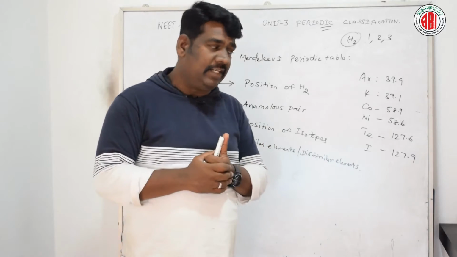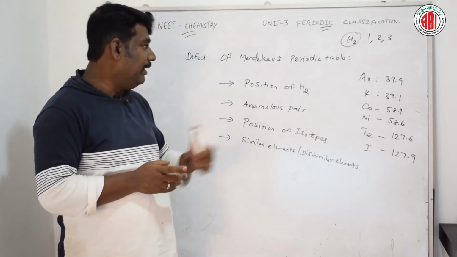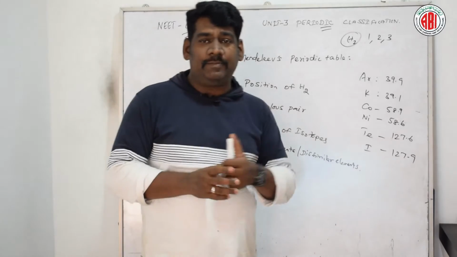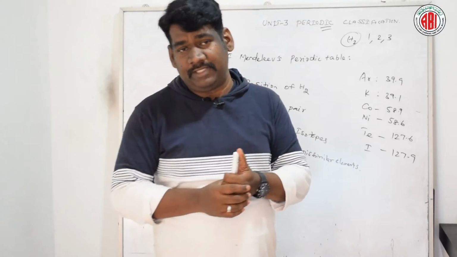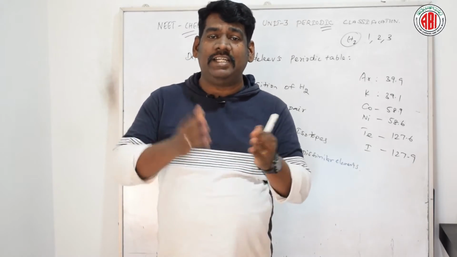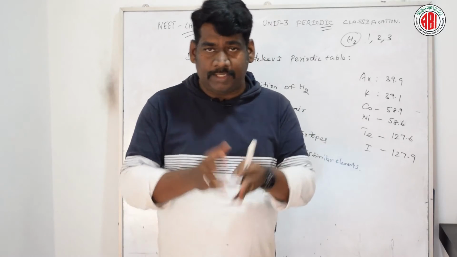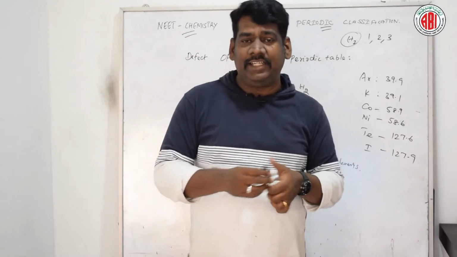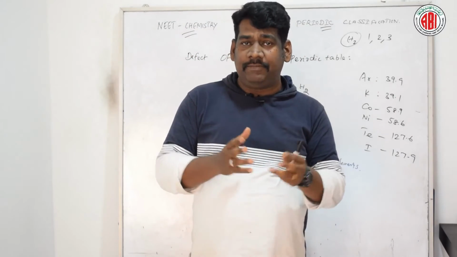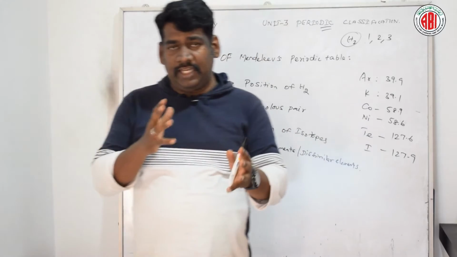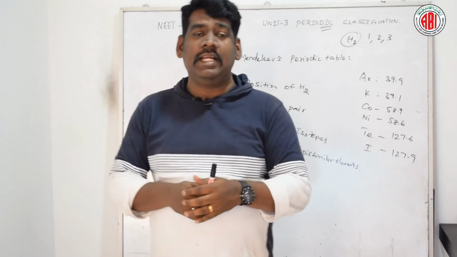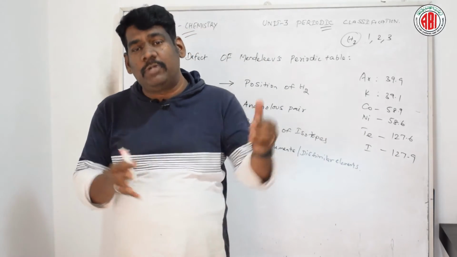That is one of the major defects seen in the Mendeleev periodic table. Some similar elements were placed in different groups, though they must belong to the same group, while some dissimilar elements had been grouped together.